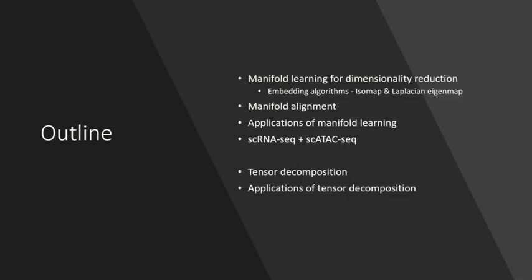So we will see how you can combine the information from these two modality measurements and learn something new from there. Then I will mention the tensor and the decomposition. We have applications, for example, we have our own applications for tensor decomposition used for denoising the network information.